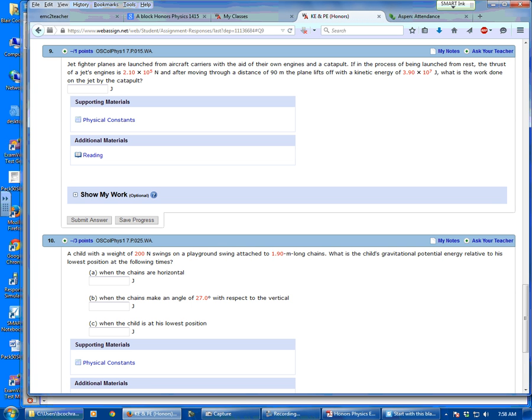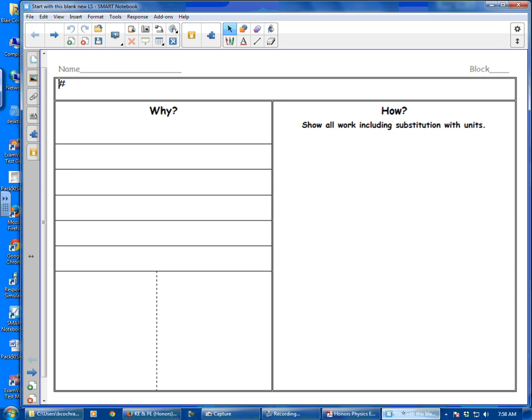What they're focusing us in on here, and probably the first thing that should go into your why, number 9 by the way, is the idea that the net work or the total work done on something goes to just changing its kinetic energy.